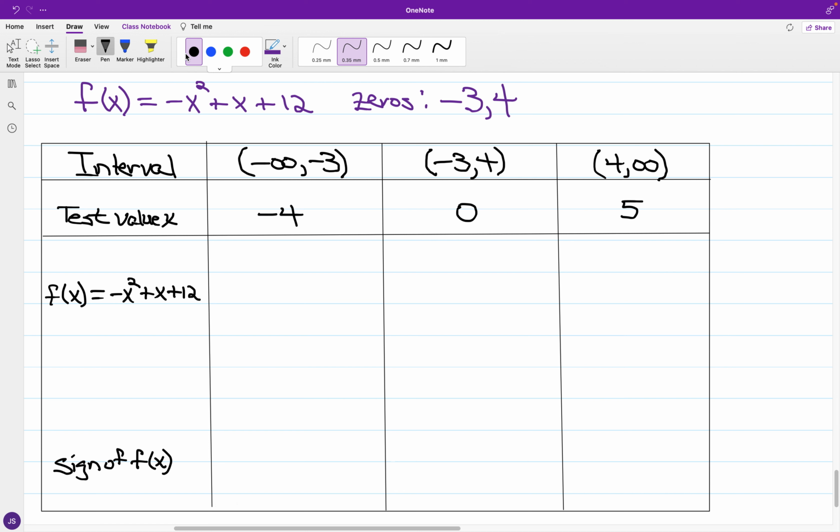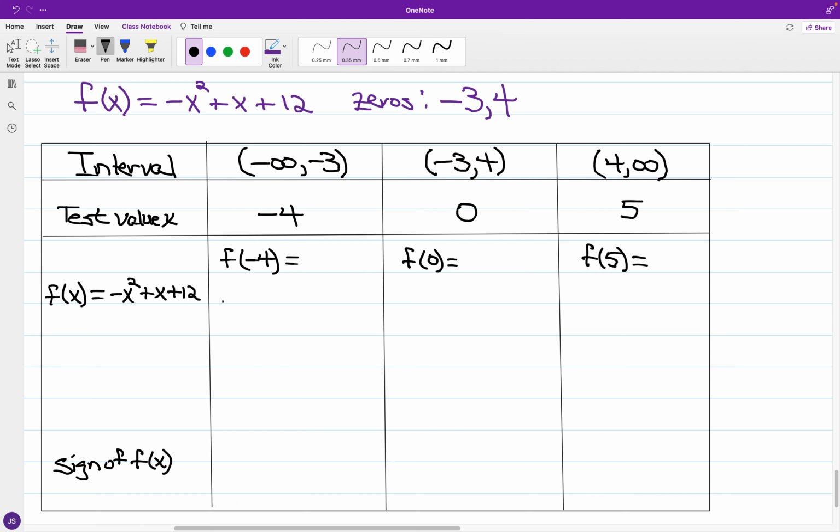All right, now for our function f of x. Once again, I'm looking at f of -4, f of 0, as well as f of 5. So we have -x squared plus x plus 12.